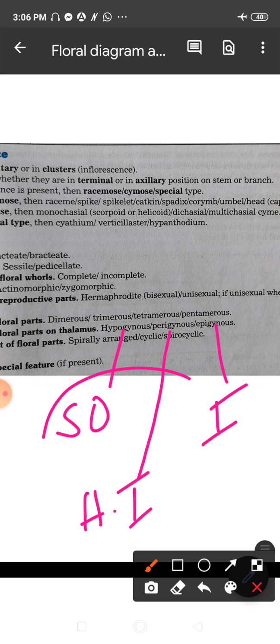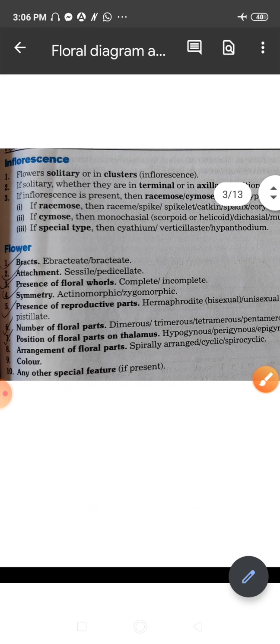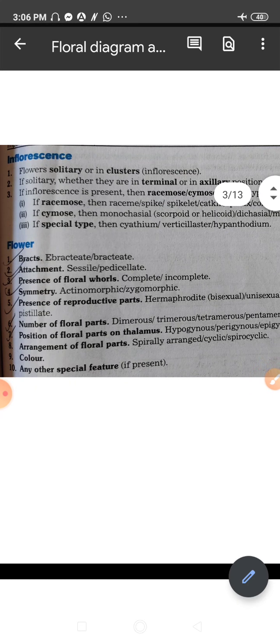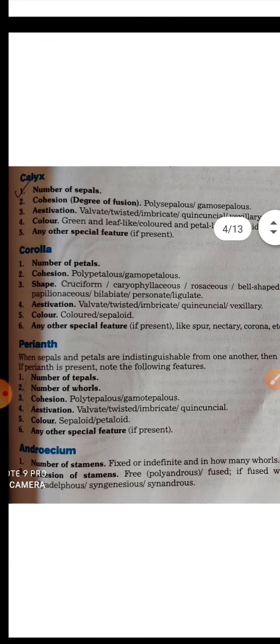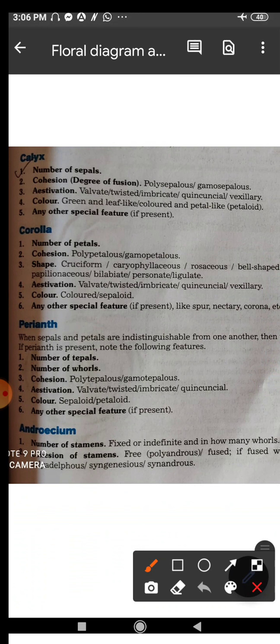So we discussed these 3 about the flower. Then we talked about the arrangement of the floral parts, whether they are spirally arranged or cyclic in arrangement. Then of course the color is there, and if there is any other special feature, we do discuss that also.